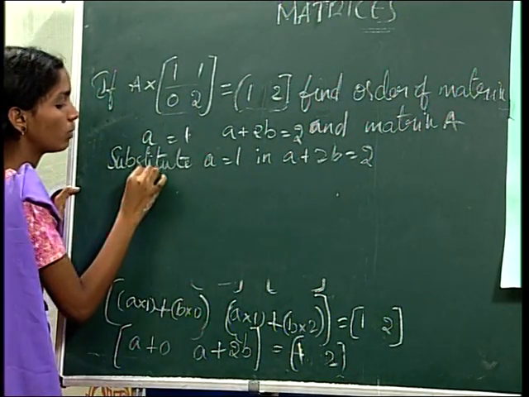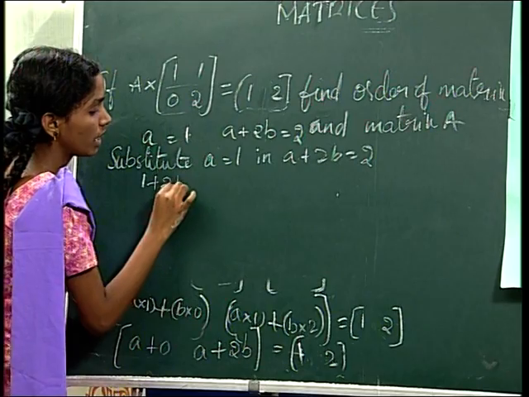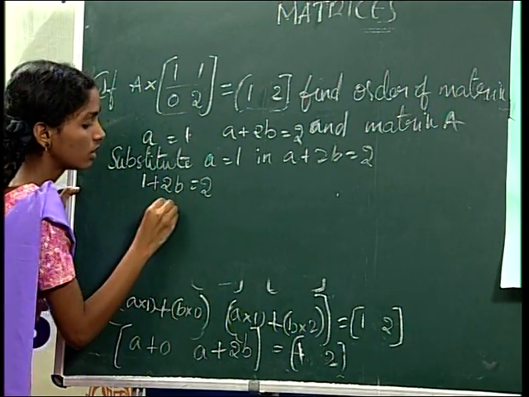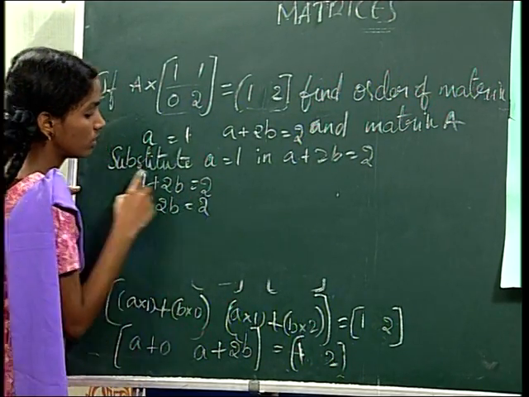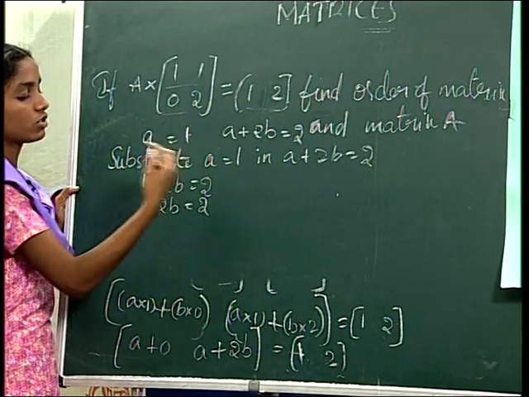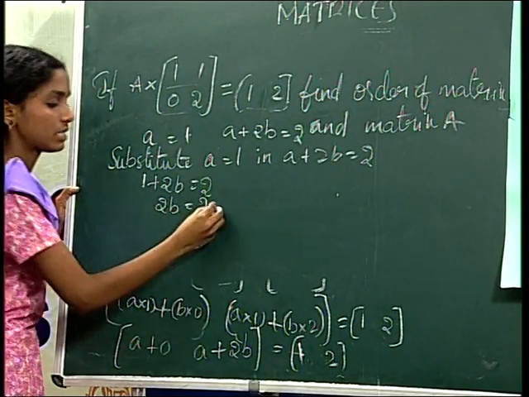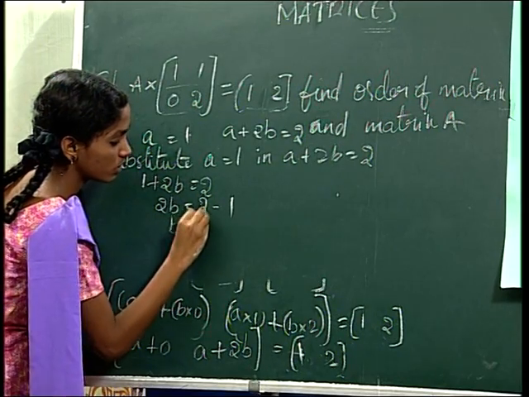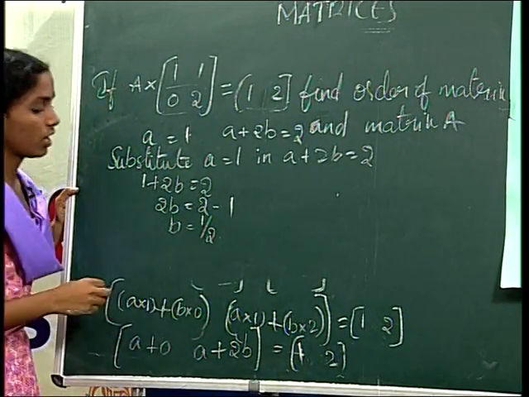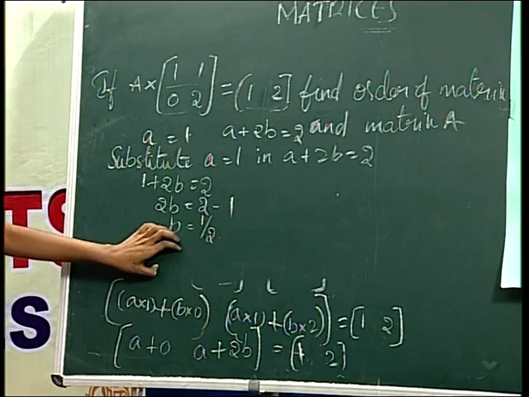What is A here? 1 plus 2B equal to 2. 2B equal to, this plus 1 goes to the right hand side and becomes minus 1. B equal to 1 by 2. So here A is 1 and B is 1 by 2.